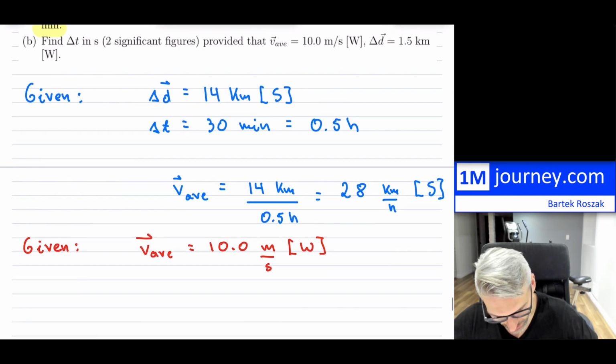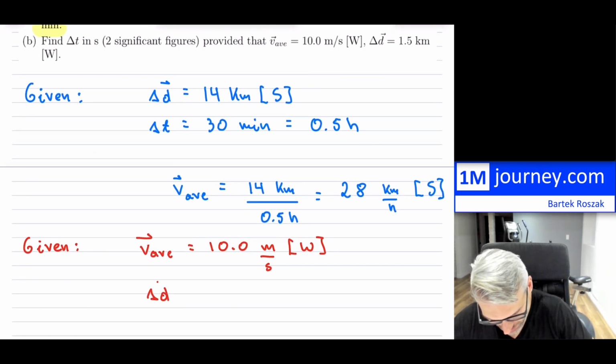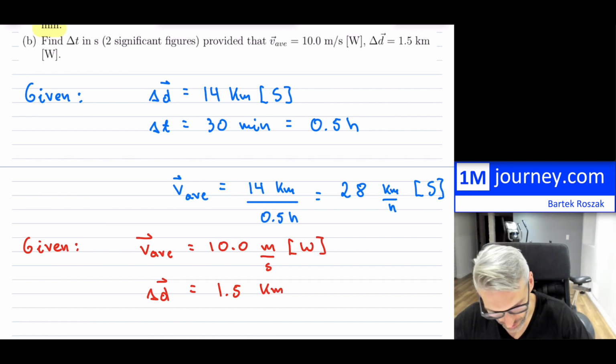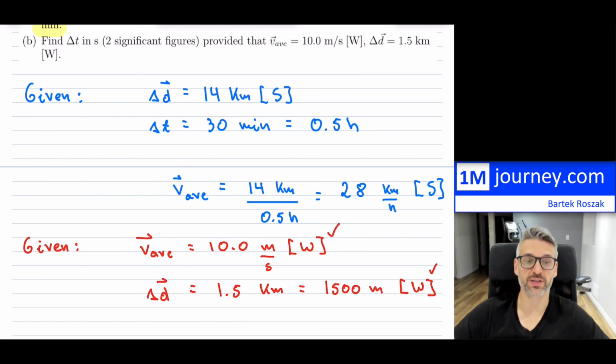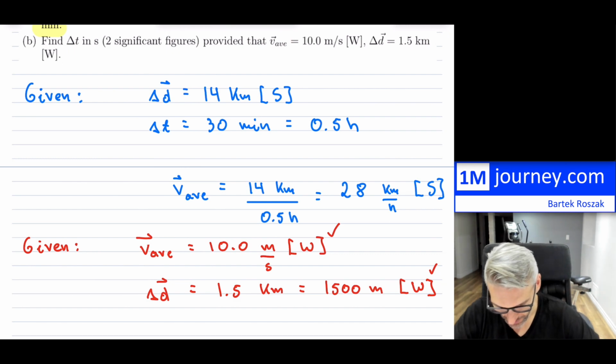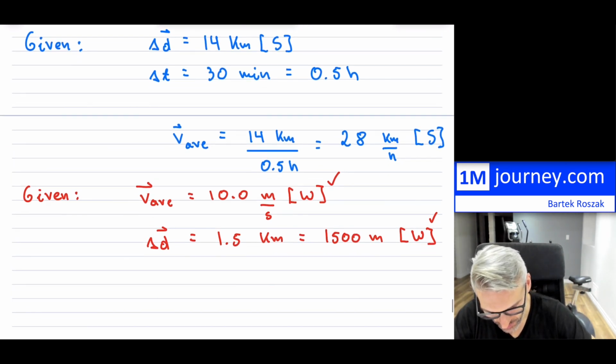Luckily, this is the displacement right there, 1.5 kilometers. Now we want this in seconds, and the units have to align. One is in meters, one is in kilometers, so I'm going to change this using the kilo prefix. That's going to be 1,500 meters, and this is still west. So at least the direction aligns, which is exactly what we want to see.